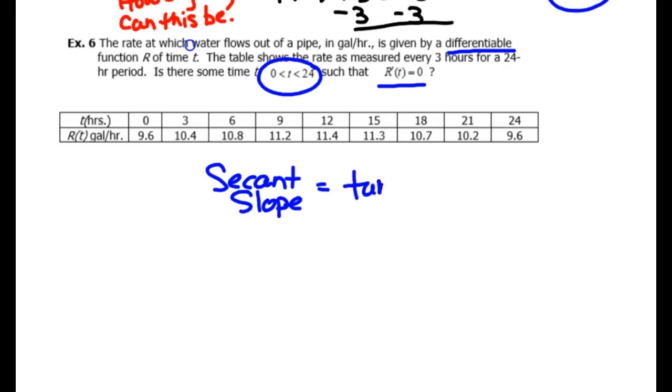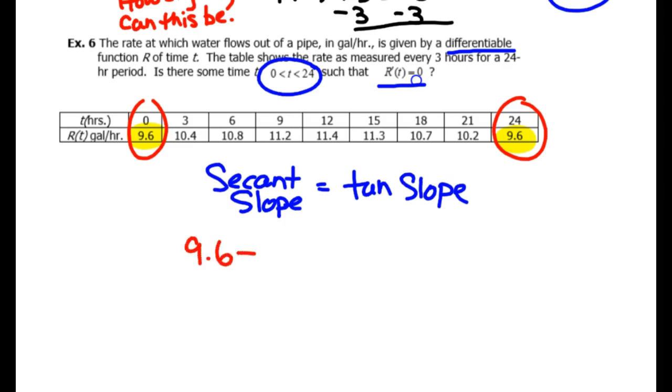equal to the tangent slope. And in this case, they're asking about 0 and 24. And what do you notice about those two values? If you notice, the y values are both the same. If you're going to find a slope between those, you're going to do 9.6 minus 9.6 over 24 minus 0.